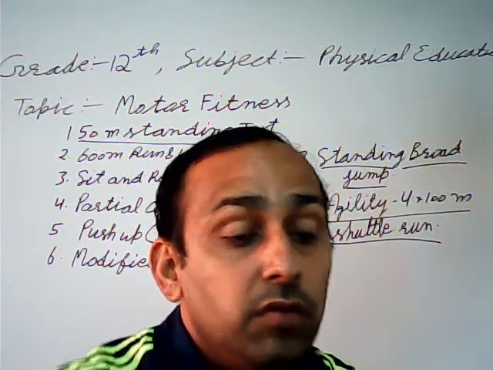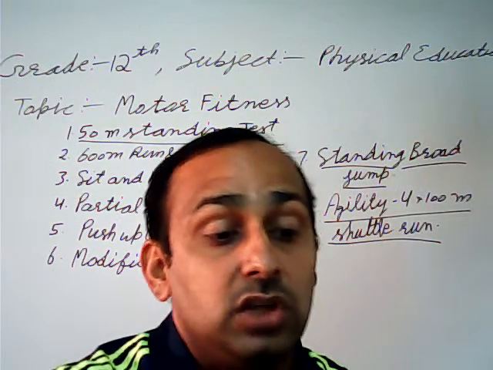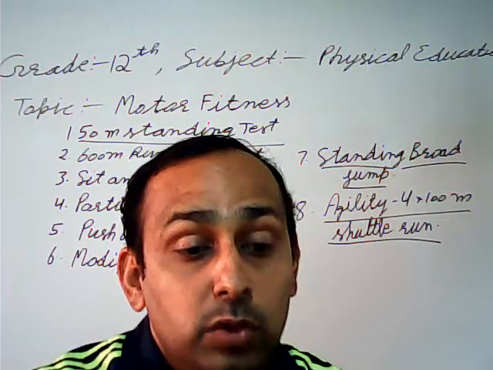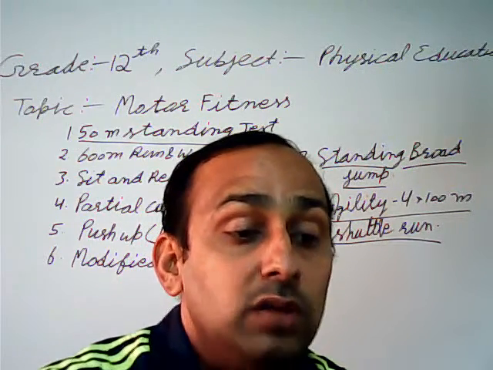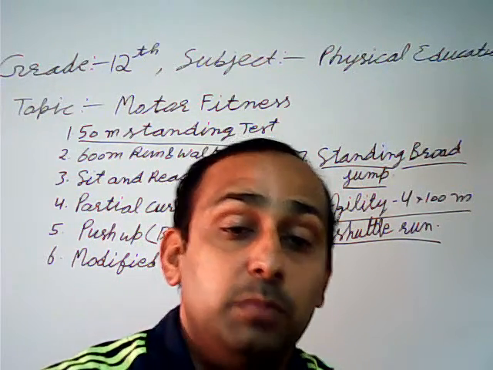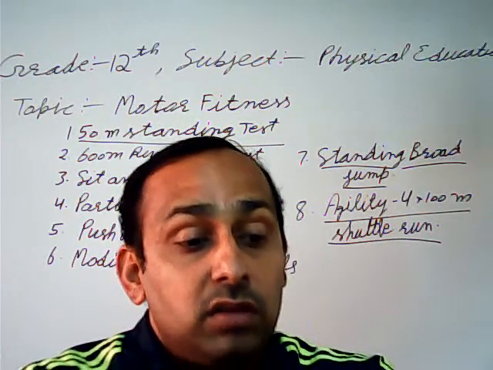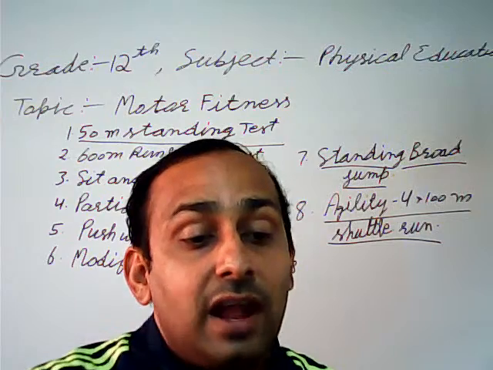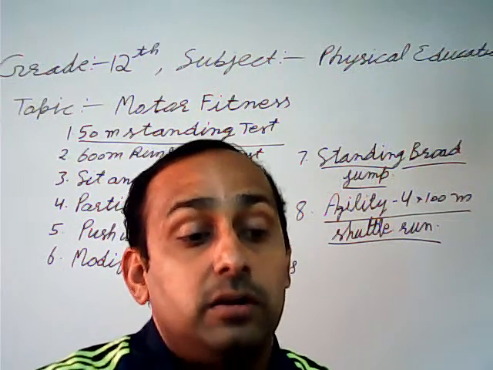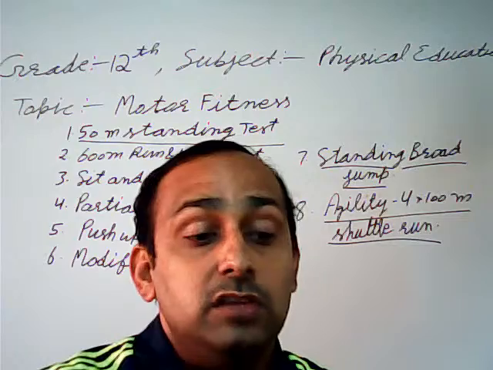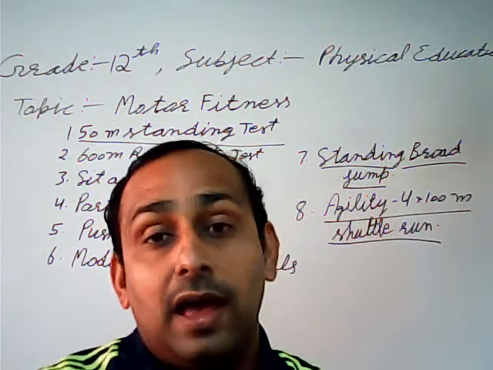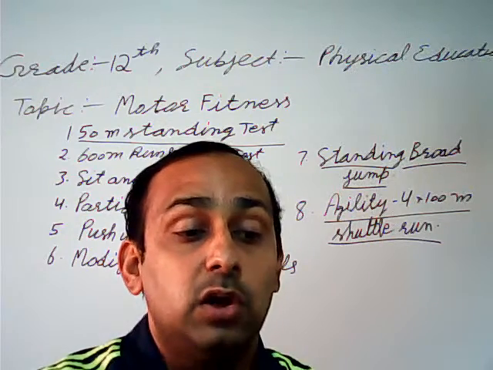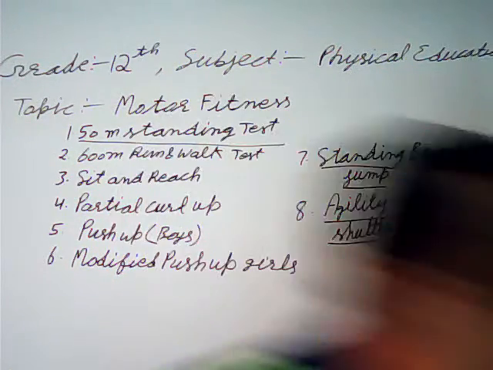Second, with hands on top of each other, palms down and legs held flat, the student reaches along the measuring line as far as possible. Next, after three practice reaches, the fourth reach is held while the distance is recorded. The purpose is to reach as far forward as possible. And last is scoring. The distance is recorded in centimeters. This is the sit and reach test.